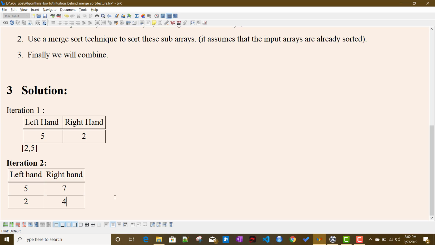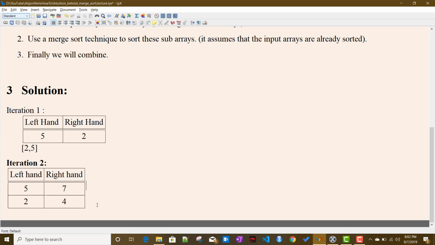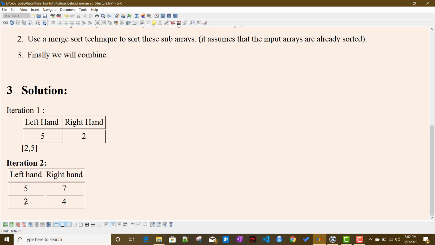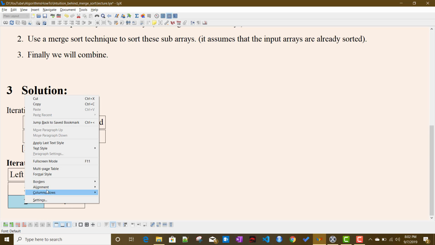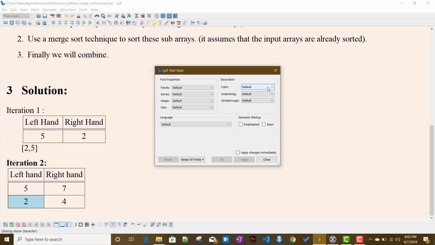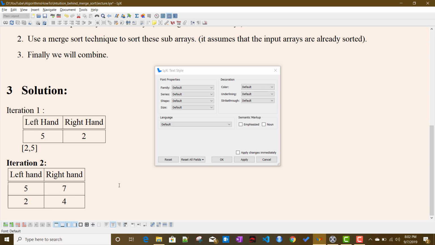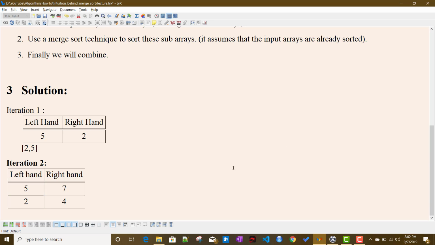Okay, so now let us try to reason through it. We will take this element from our left hand, right? I'll mark this one in brown.